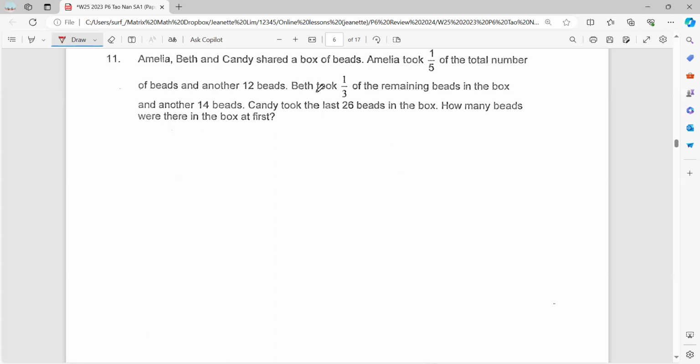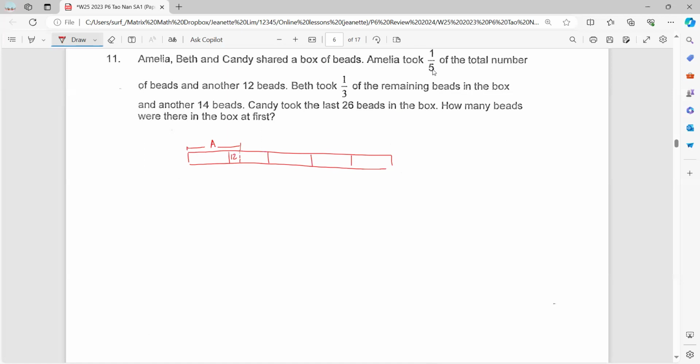Okay, so in a question where they say of the remaining, draw a model. And the first thing to draw is this first fraction, 1/5. So you draw 5 units. So Amelia took not just 1 unit, but 1 unit plus a little bit more, which is 12. Then Beth took 1/3 of the remaining.